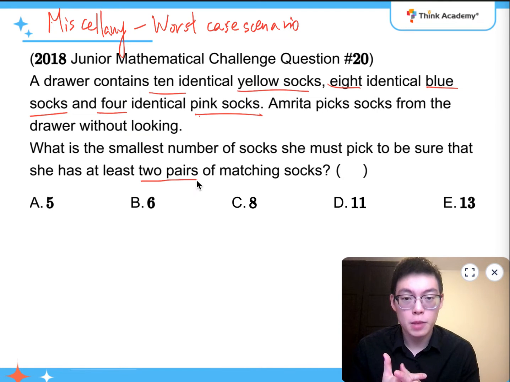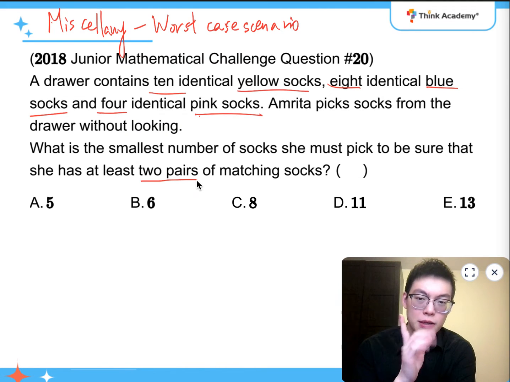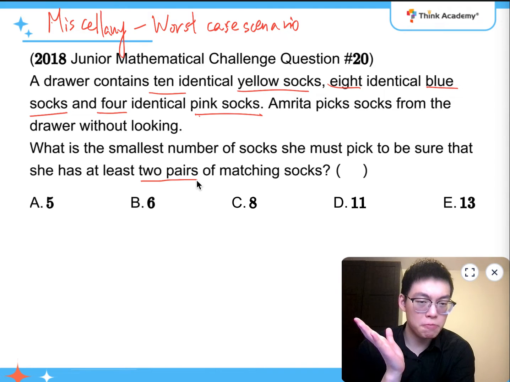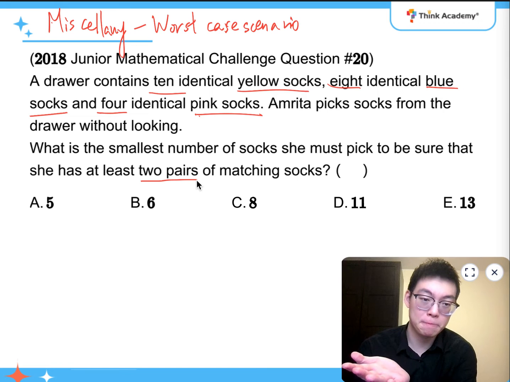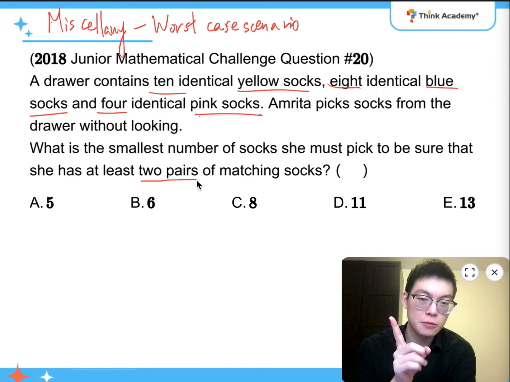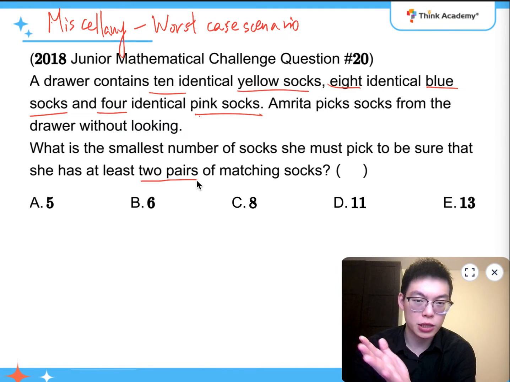And well, basically, how can we think about this question? The first thing is, what is the most number of socks you need to pick to make sure that there is 1 pair of matching socks? So you can think about it.